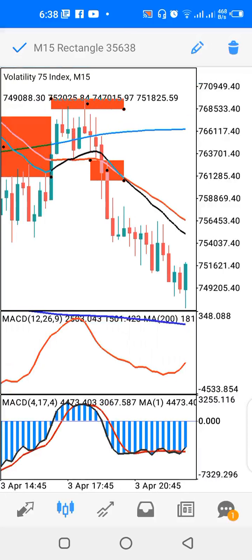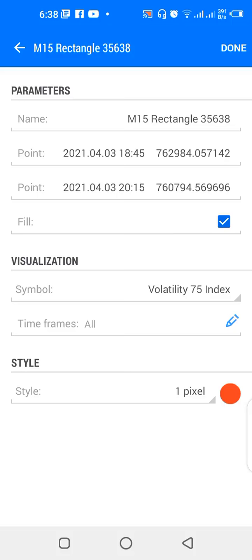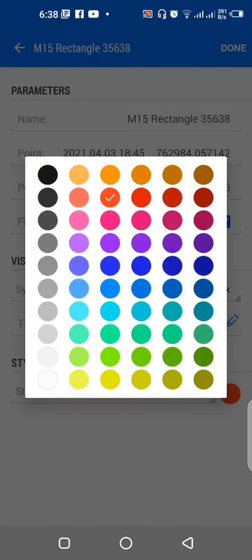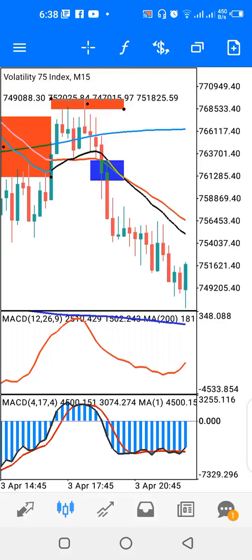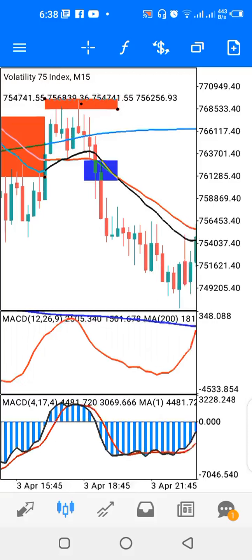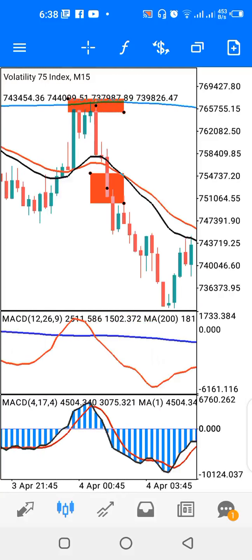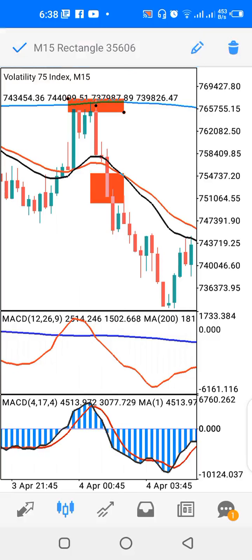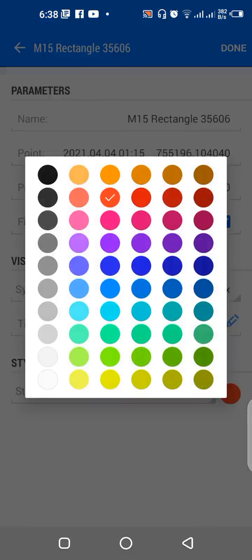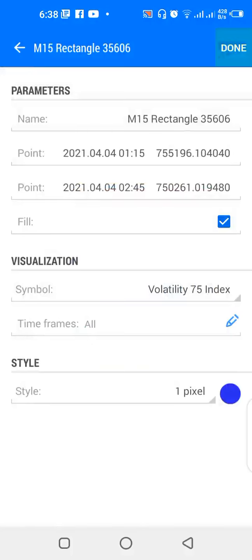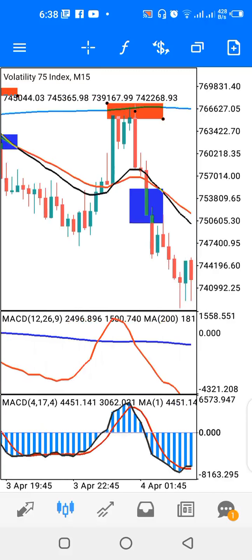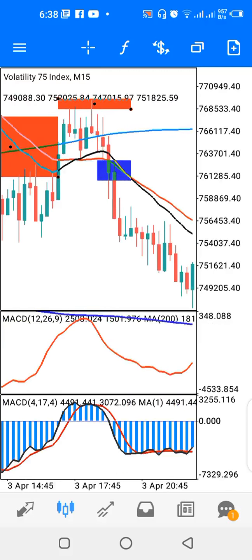You take your trade at the blue mark when you have the candlestick closing below the red and the black moving average, but your stop loss will be above the red.